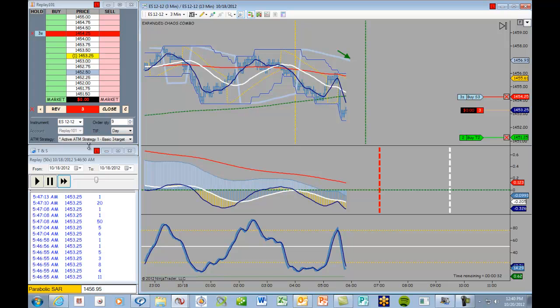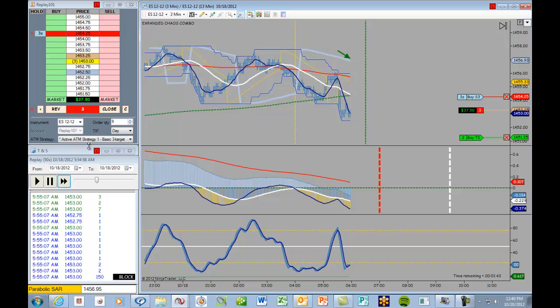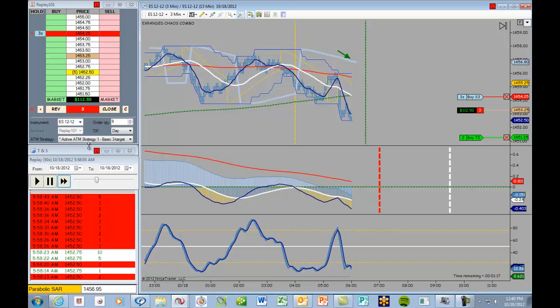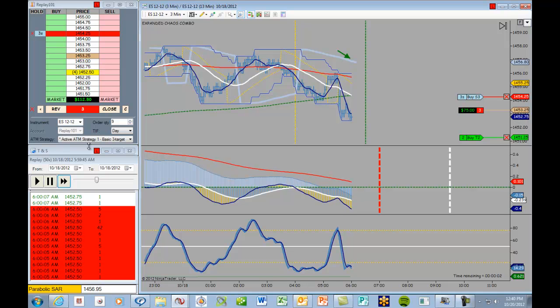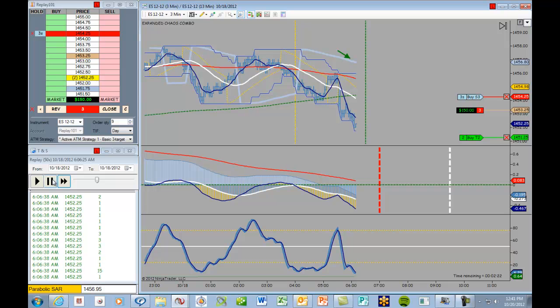We did hit the first target. I moved the stop manually. I don't know if we're going to make it to that second target.